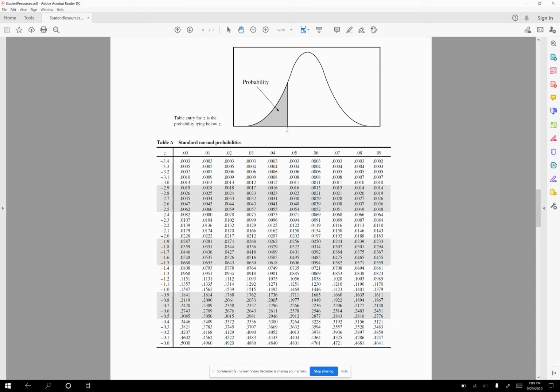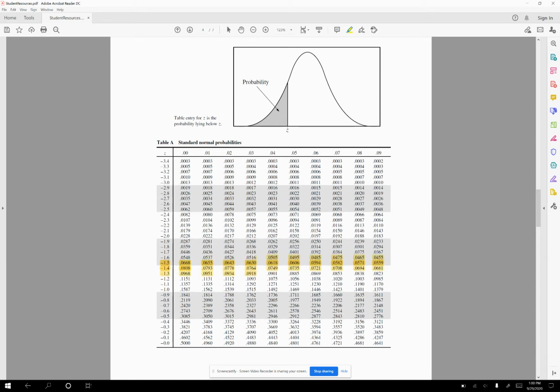So to read table A, I'm going to look for my z-score. So your whole number and the first decimal will be going down on the left. So I'm looking for negative 1.5. So I come to negative 1.5, and then your second decimal goes across the top, and my second decimal here is 0. So my value is 0.0668.